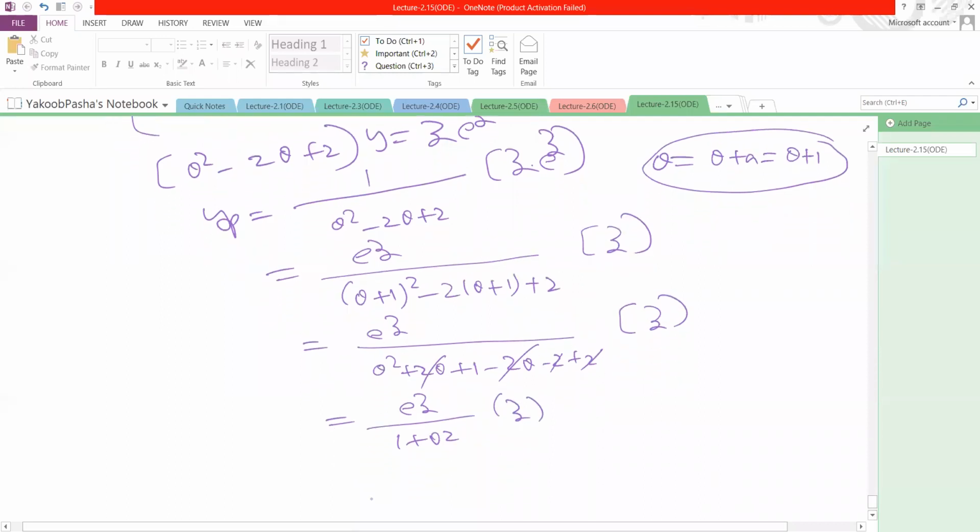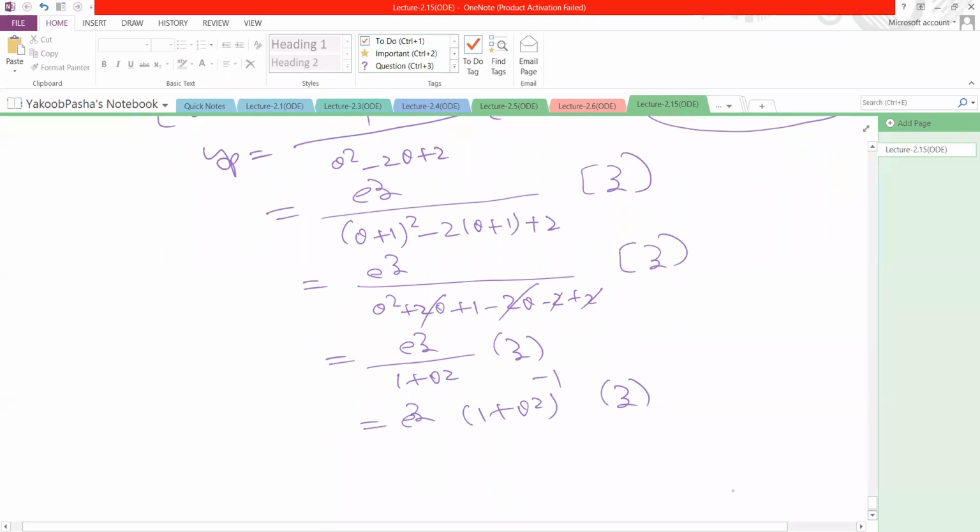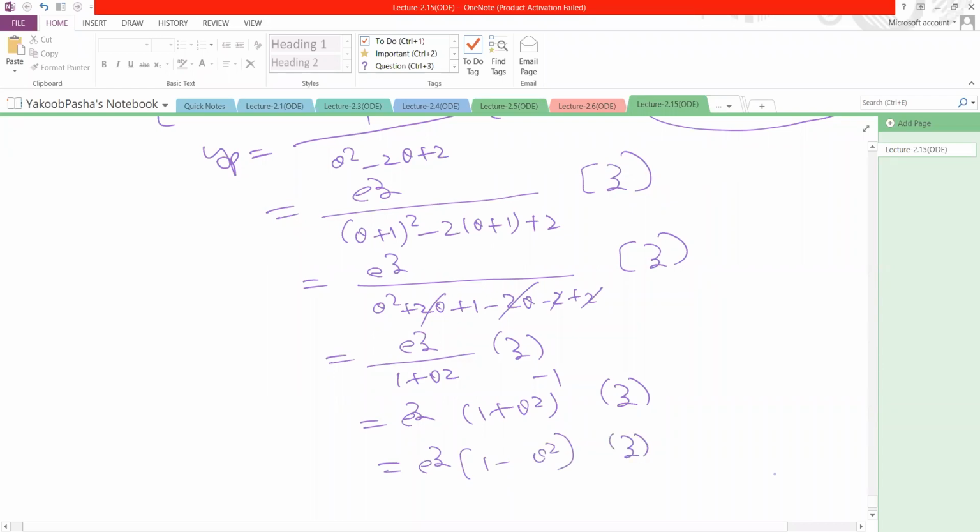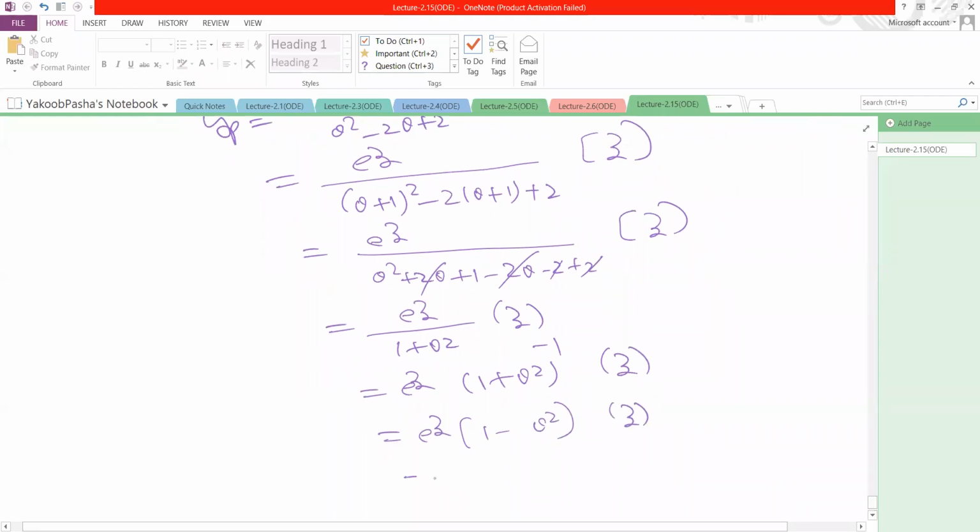Take it to the numerator: e power z into 1 plus theta square whole power minus 1, of z. Expanding, e power z into 1 minus theta square, into z. Now this is equal to e power z into z, then theta square means two times differentiation.